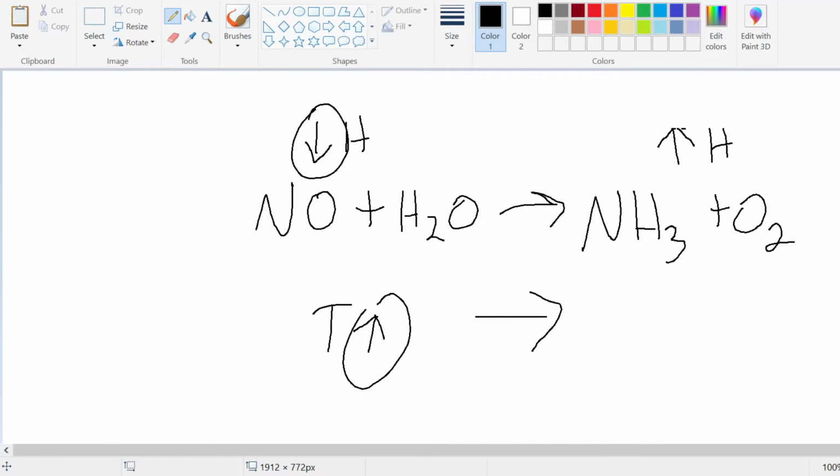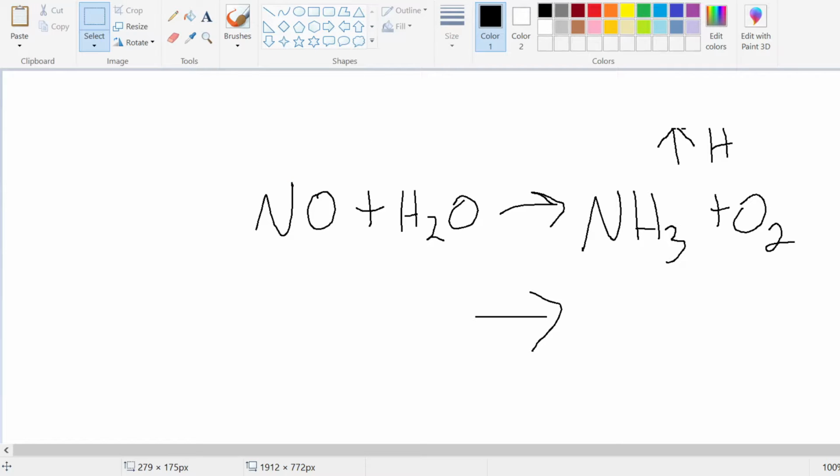Now it says temperature lowered. Sorry, I have to keep going back and forth between these. Heat down. And now T down.